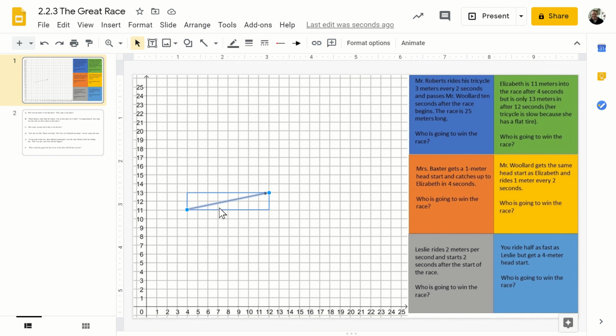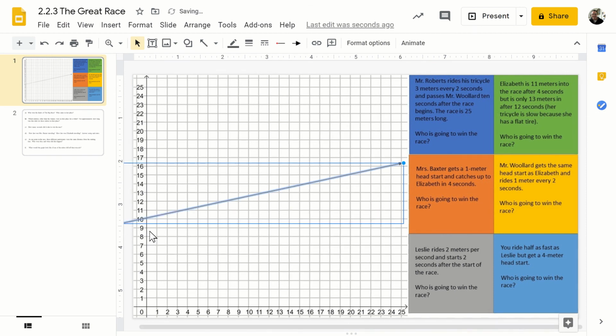So again, the thing that I like about this is when I grab these endpoints, I need to make sure that I match this slope. So I'm just going to drag Elizabeth off this direction, matching the slope, and back this direction, making sure I match that slope. Okay, so I've got Elizabeth, and this is going to be complicated.